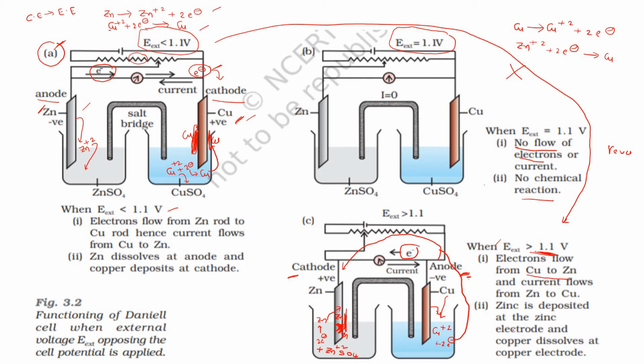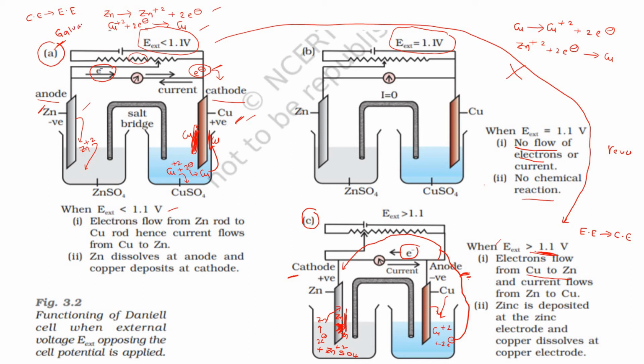In case C, you are applying more current, that means you are using current. In this case, electrical energy is converted into chemical energy. Now this acts as what again? An electrochemical cell. The earlier one is a galvanic cell.